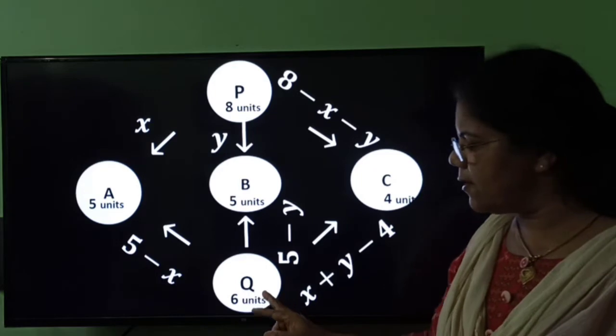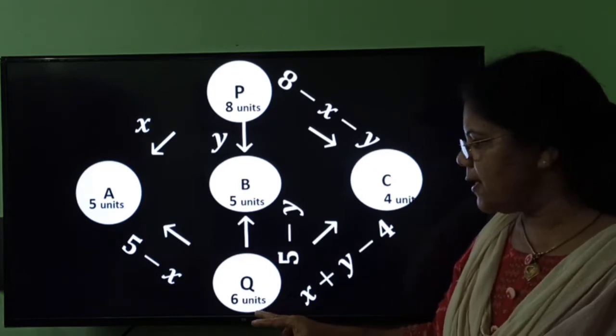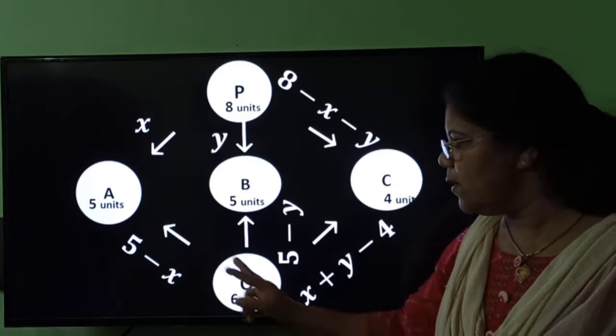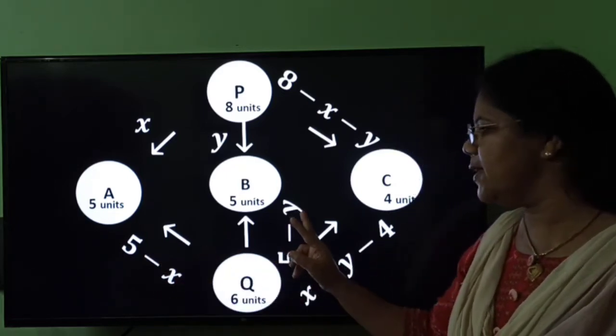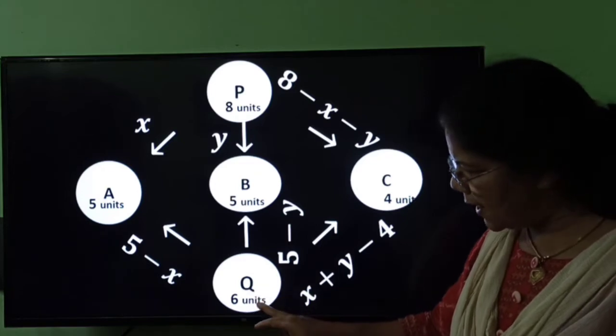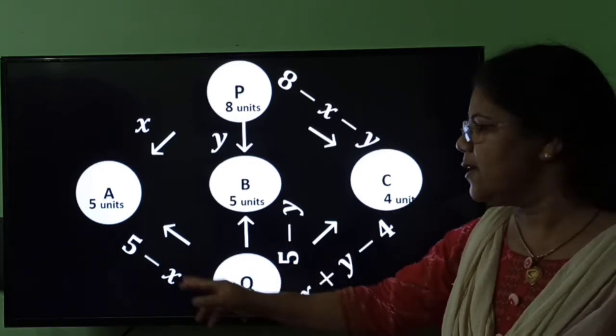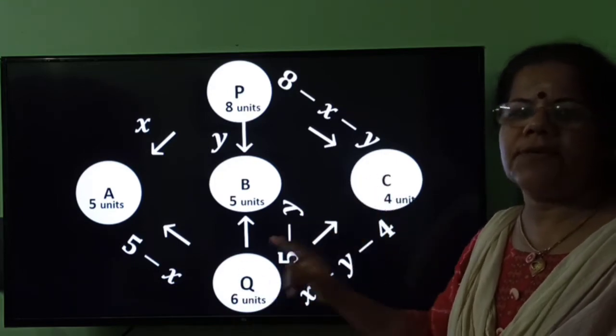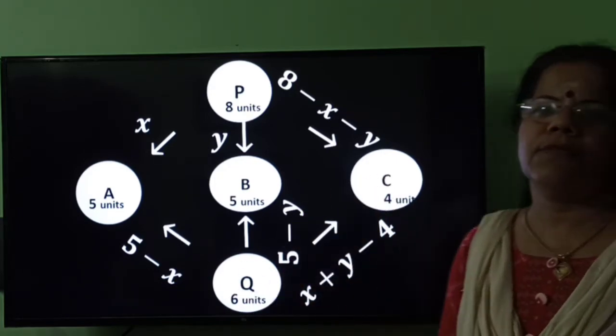In the other way, Q's capacity is only 6, and 5 minus X and 5 minus Y are already taken. So 6 minus (5 minus X) minus (5 minus Y) is also X plus Y minus 4.